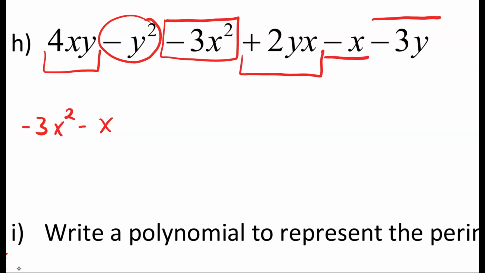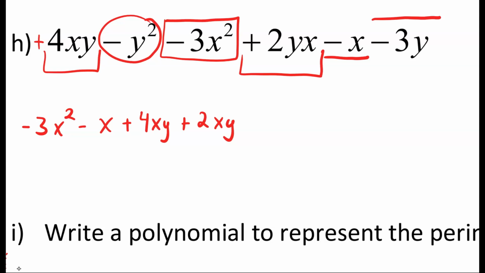So what I have is 4xy and also 2yx, meaning I would write down plus 4xy. Now there is no plus in front of this, but if there's never anything in front, we always know that that is a positive number, because if it was a negative number, they would have a negative listed. Whenever there's nothing there, it means it's positive. So we have plus 4xy and plus 2, and I'm just going to write it as xy, so we have it the same order.